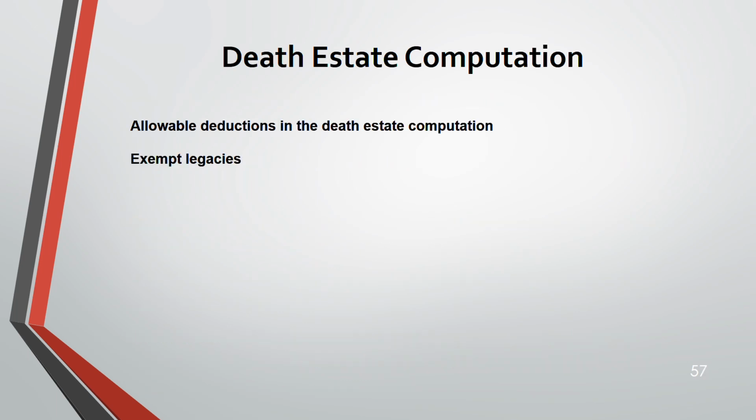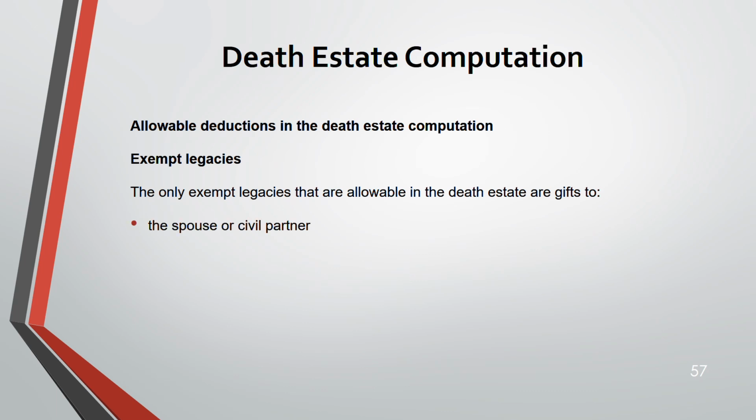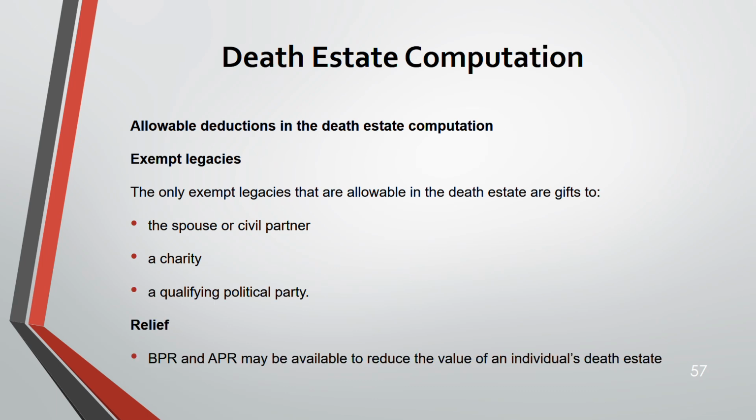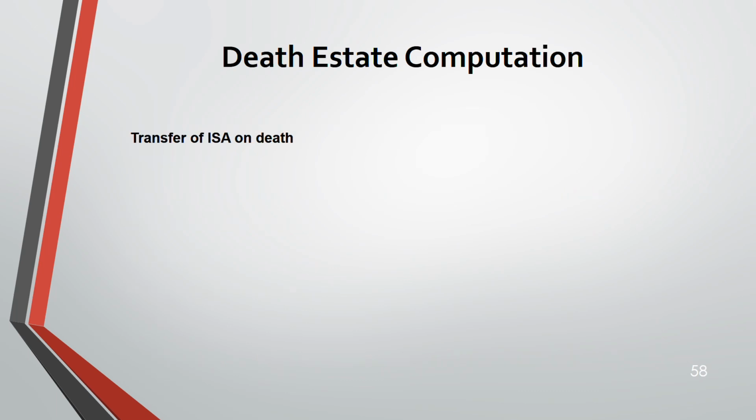Now, exempt legacies. The only exempt legacies that are allowable in the death estate are gifts to spouse, charity, and qualifying political party. And the reliefs are BPR and APR. Again, you can use them in the death estate to reduce the individual's death estate.